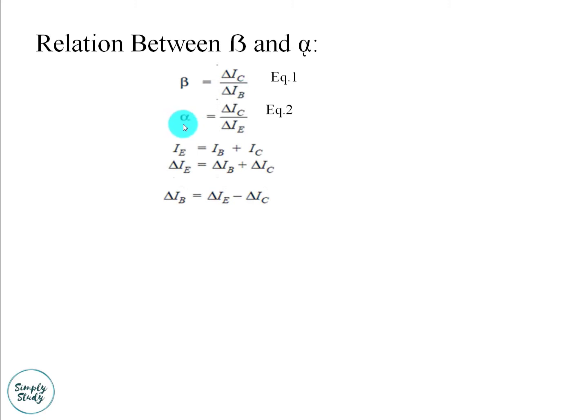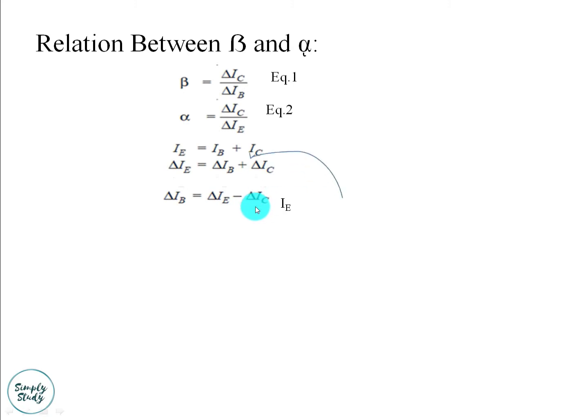Alpha equals change in collector current to the change in emitter current. We can mark these equations as 1 and 2 respectively. We know that IE equals IB plus IC, which implies change in IE equals change in IB plus change in IC, which implies change in IB equals change in IE minus change in IC.